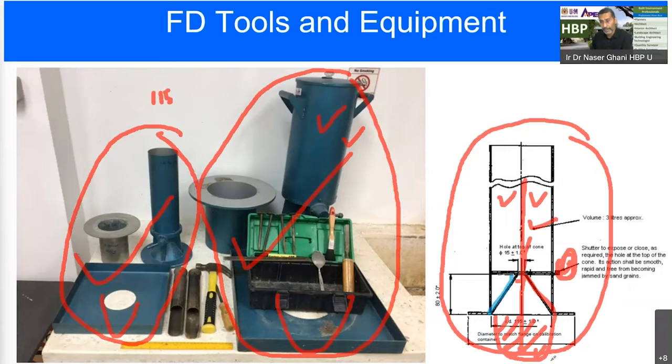The total sand that will be released is this, below the cone and also inside the hole. But once we want to calculate the volume, we will deduct the amount of sand that remains above the hole, which is in the cone. So that's why the cone will assist us to know exactly how much sand is left outside the hole.